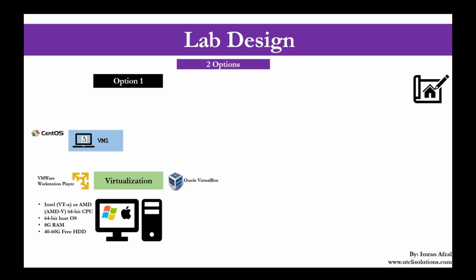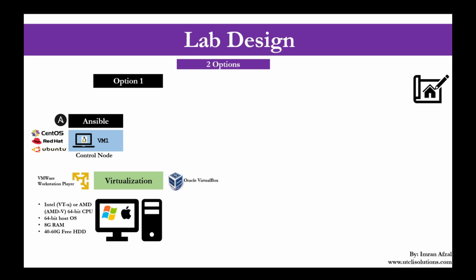That Linux operating system could either be CentOS, or Red Hat, or Ubuntu. Ansible can be installed and run on any of these operating systems. We will install Ansible engine or Ansible software on this operating system, and that virtual machine or that virtual computer will become our control node.